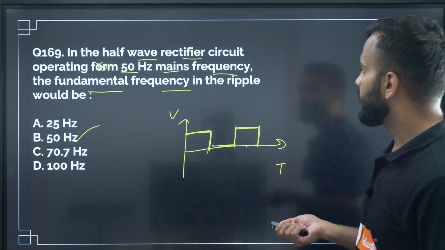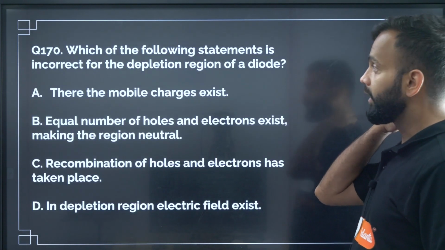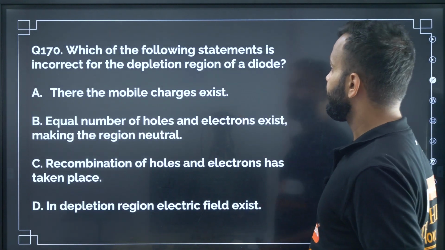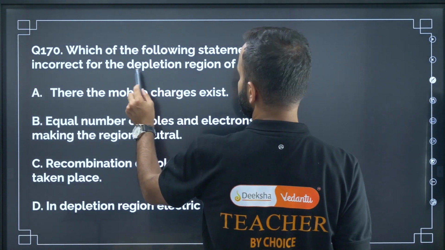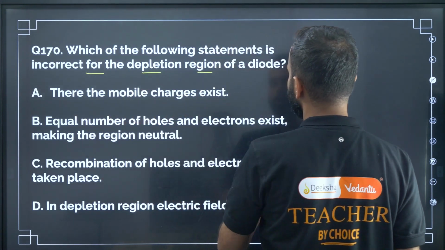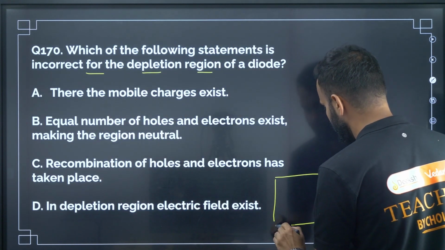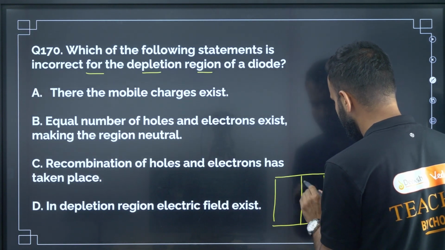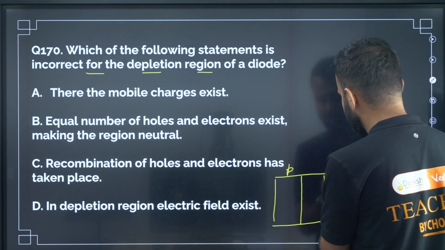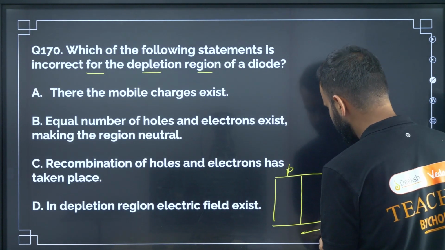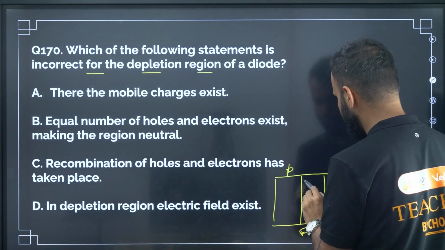Okay, next question. Question number 170. Which of the following statements is incorrect for the depletion region of a diode? Okay, let us draw the depletion region. So this is P side and N side. This junction or this region is depletion region.